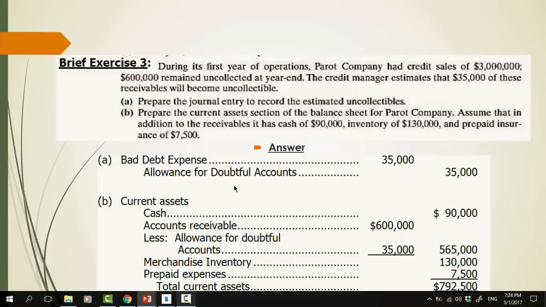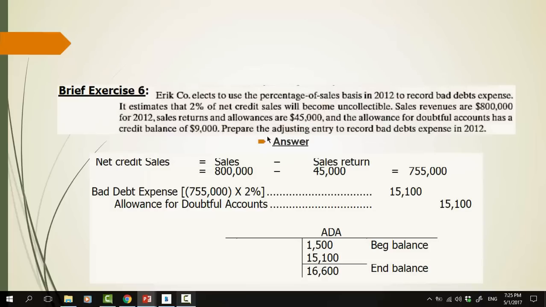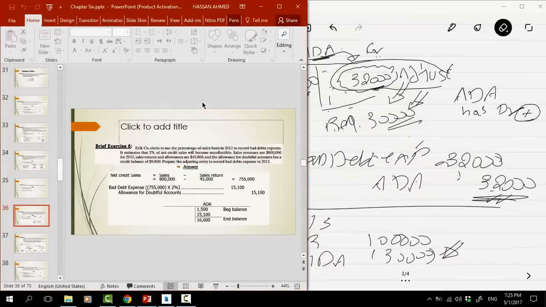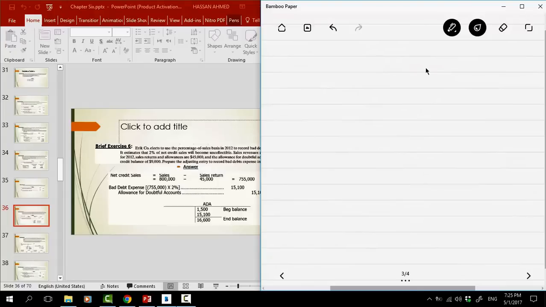Again, I will summarize. We have two methods to estimate the accounts receivable. Under the allowance method, at the year end we write bad debt expense and ADA.